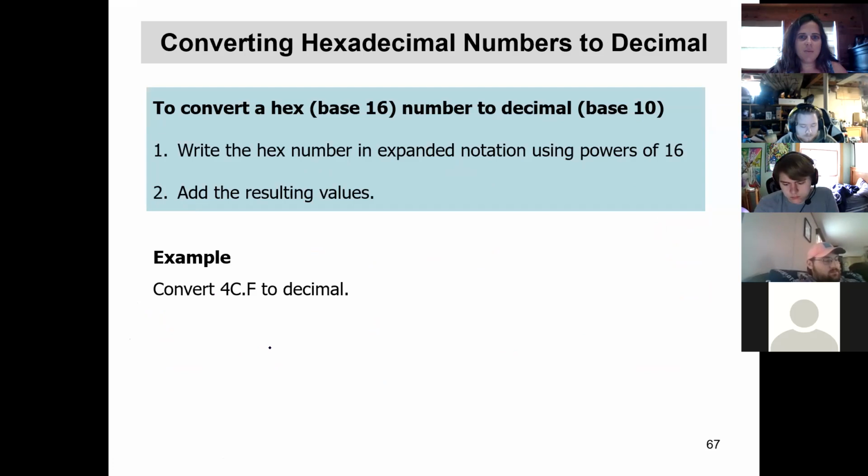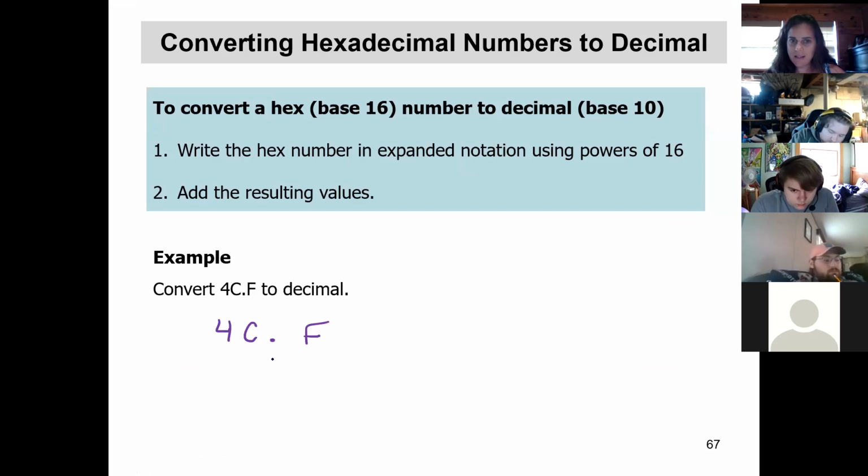Okay, write the hex number in expanded notation using powers of 16 and then add the resulting values. So converting from hex to decimal. So I'm going to write 4C point F. Now, thinking about the base is 16 in hexadecimal.